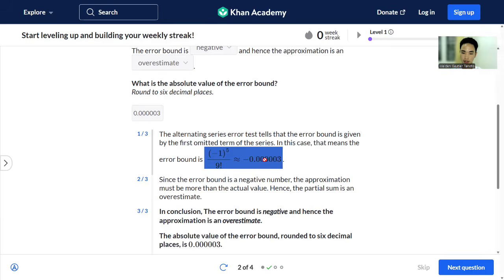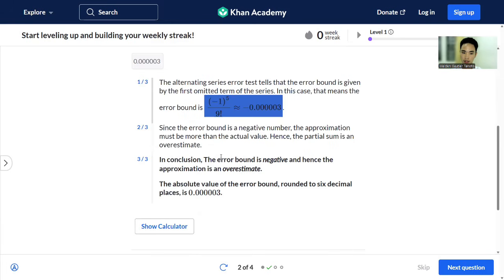Becomes this. In conclusion, the error bound is negative and hence the approximation is an overestimate. The absolute value of the error bound rounded to 6 decimal places is 0.000003.